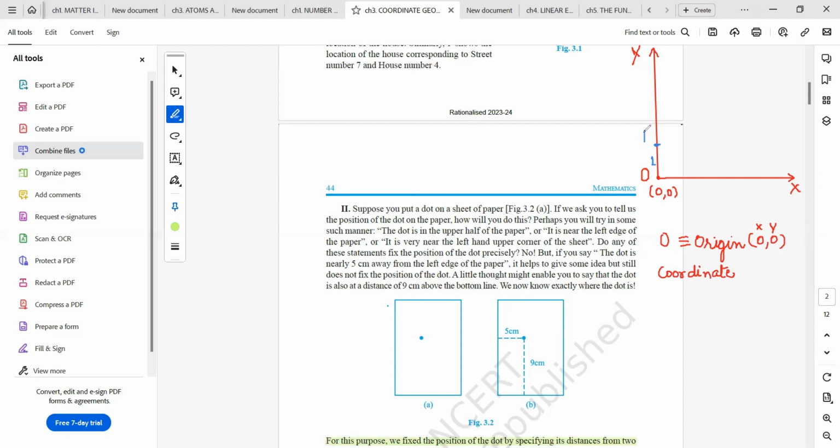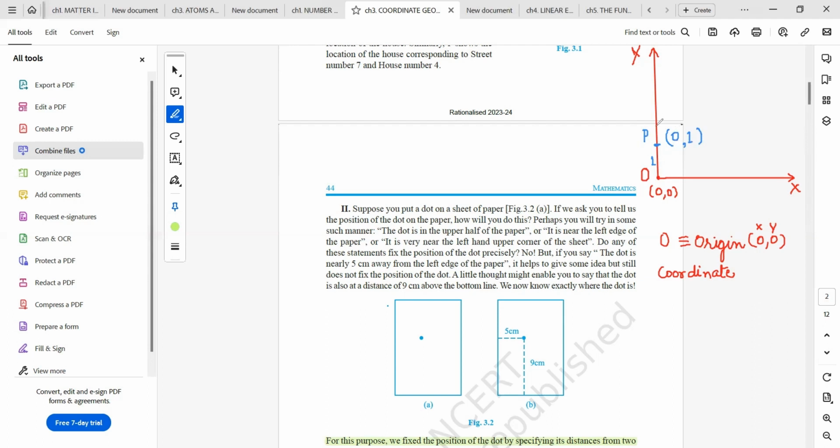Say this point is P. I want to write down the coordinates for point P. The coordinates for point P would be 0, 1, because it has not traveled any distance on the x-axis, that is the horizontal axis. So it has traveled 0 only, and it has traveled one unit, either 1 centimeter or whatever scale you have chosen. So the second coordinate will be 1.